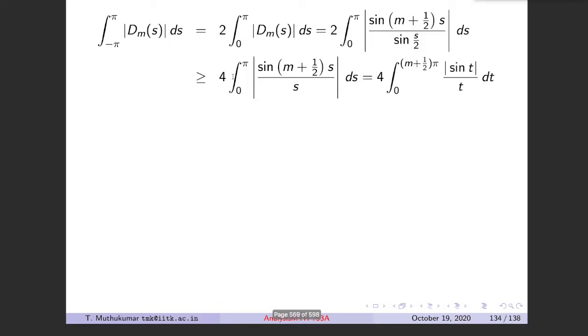Now you introduce a change of variable here. You introduce t to be m plus half times s, and you will have a change in the limits of the integration. That's what we have done here, just a change of variable.